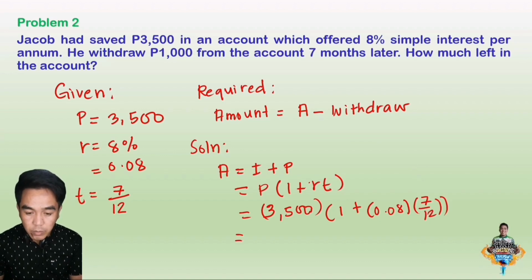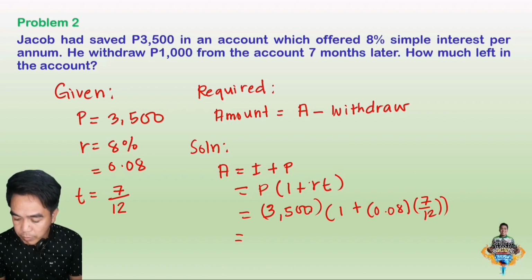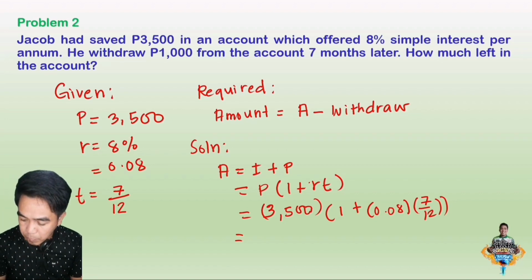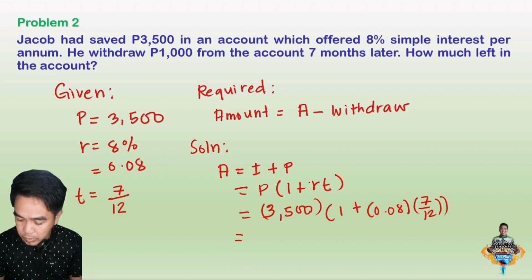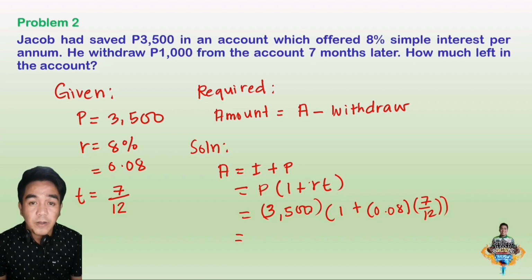Using our calculator, let us do it this way. 7 divided by 12, that is 0.58333 and so on, multiplied by 0.08. Now, in computing for this, let us not round off unless it is a final answer.